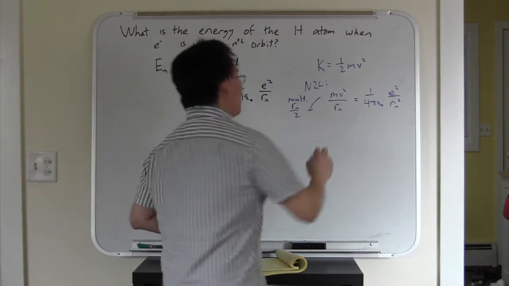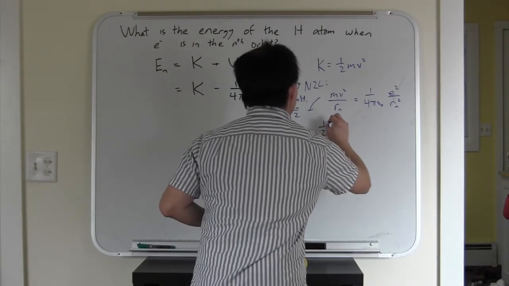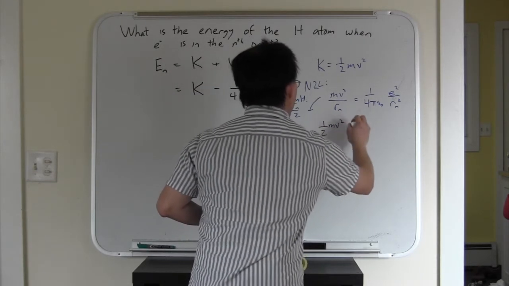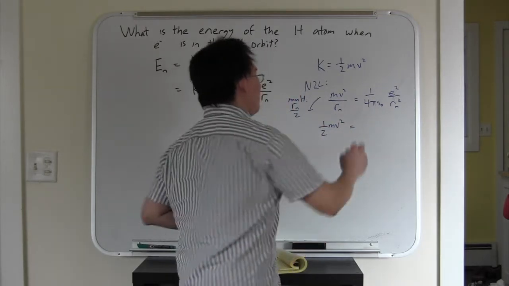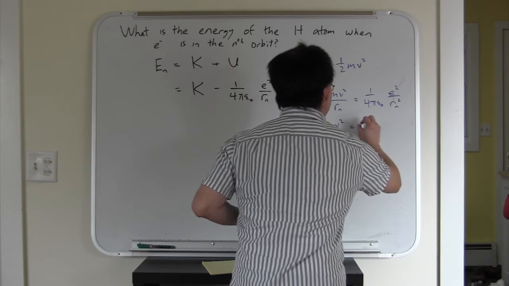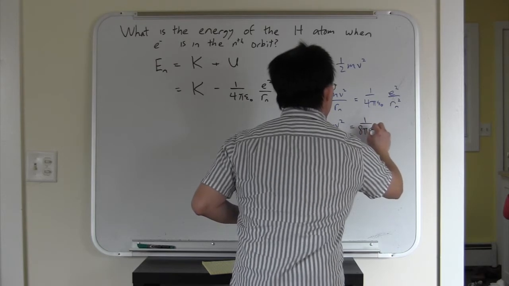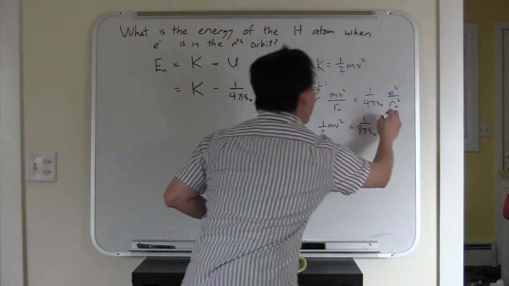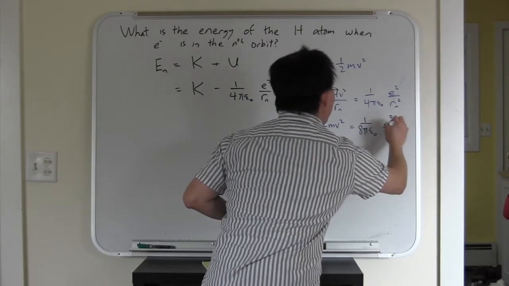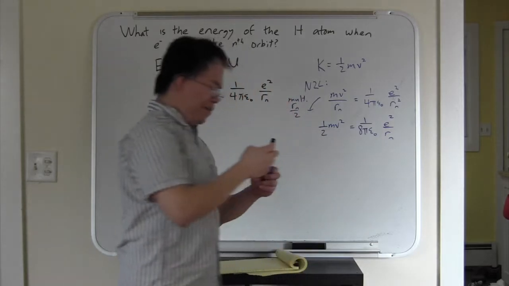Then I get 1/2 mv squared, and now I get a factor of 2 downstairs, so this becomes 1 over 8 pi epsilon naught, and I knock out a factor of r sub n.